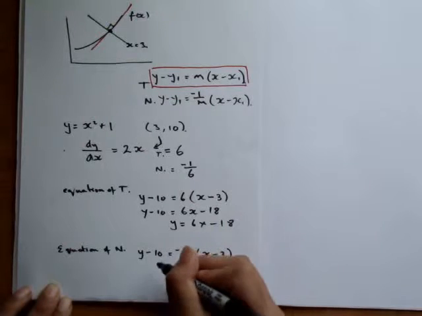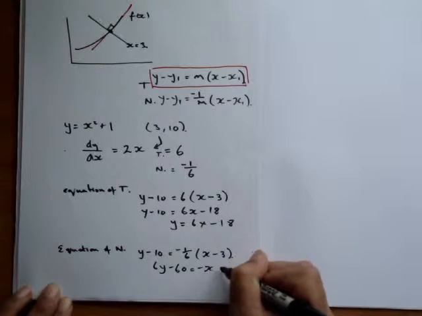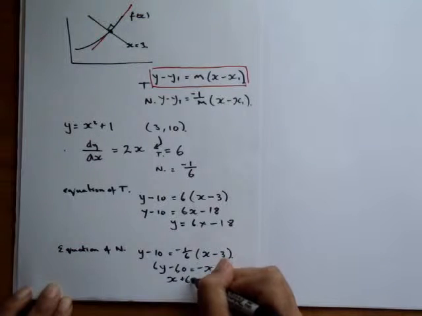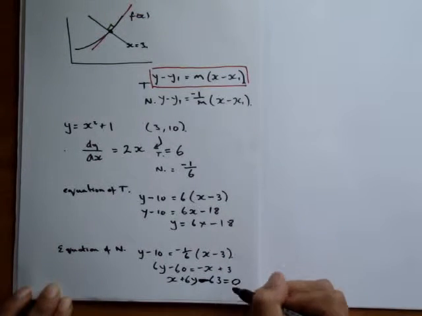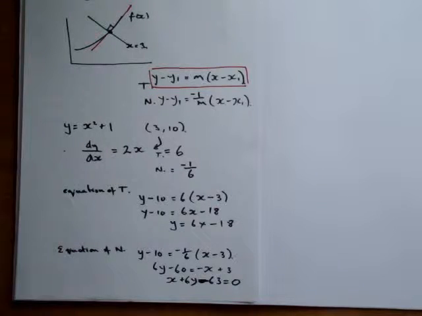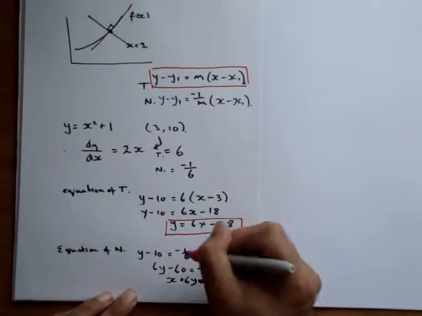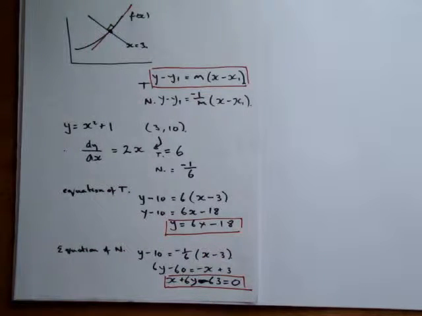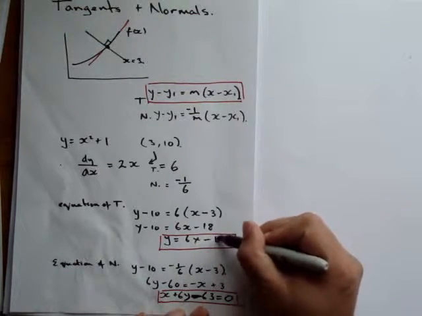So this then becomes 6y minus 60 equals minus x plus 3, so x plus 6y minus 63 equals 0. And those are our equations. That's for the tangent, and that's for the normal. This should have been minus 18 plus 10, which is minus 8.